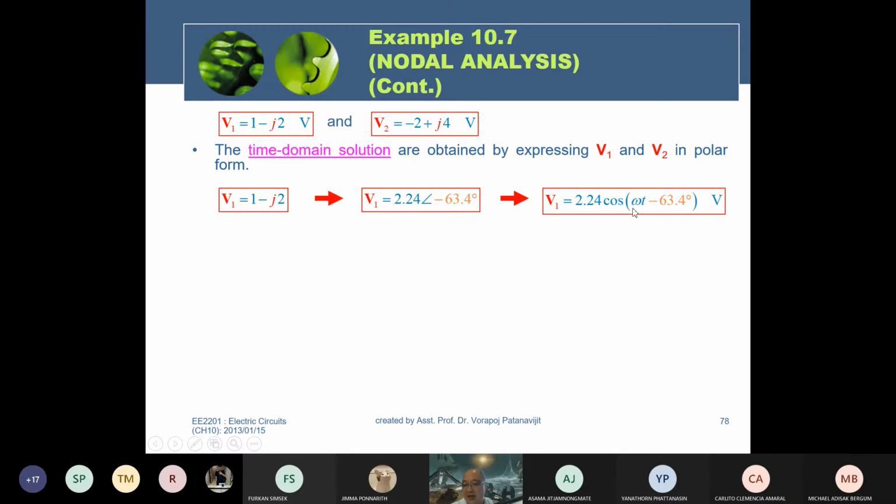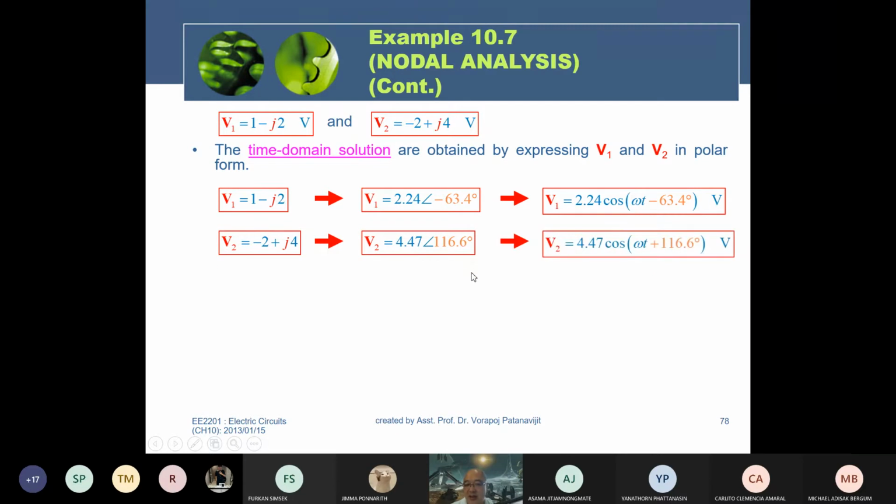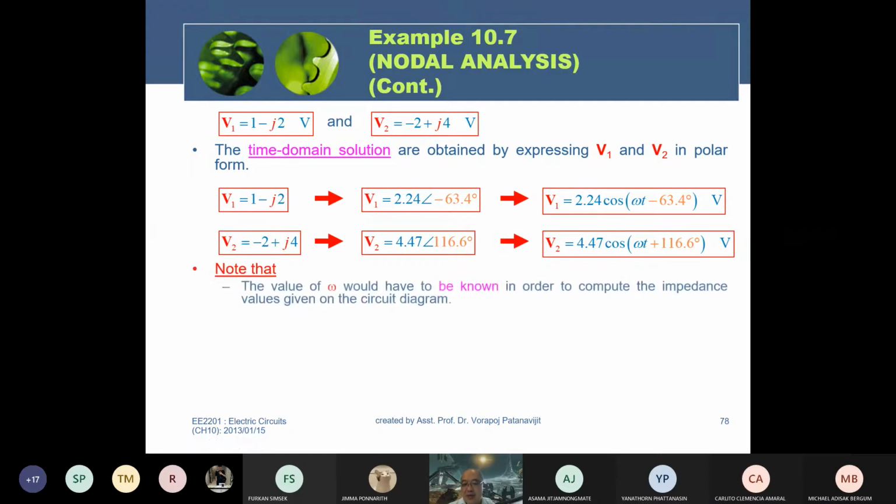In this case you don't know omega, so we keep omega as the unknown. Next, V2 equals minus 2 plus 4j, whose polar form is 4.5 at 116 degrees, or 4.5 cos omega t plus 116 degrees, approximately. Now, the value of omega has to be known in order to compute the impedance values given on the circuit diagram.